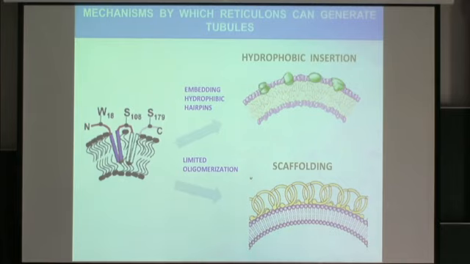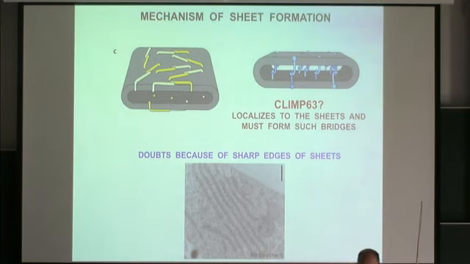So the scaffolding mechanism is essential in the action of reticulons, but insertions can also contribute. This was known, and we did some calculations. I don't have a slide on it, but this was the beginning of our collaboration with Tom Rappaport.